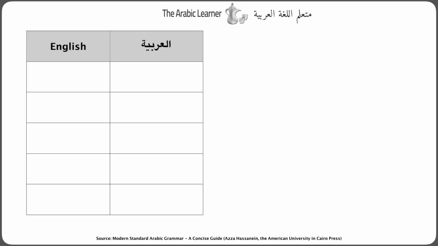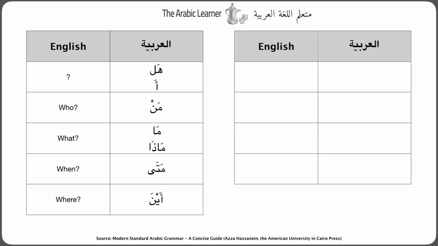So let's do a quick review of those words. هل In English, we have the question mark, which we don't speak, but in Arabic, we speak it or write it with an interrogative particle. من the word for who, ما ماذا the words for what, depending on context, متى when, أين where, لماذا why, كم how many, كيف how, أي which or what.